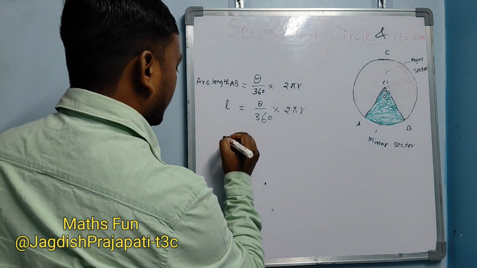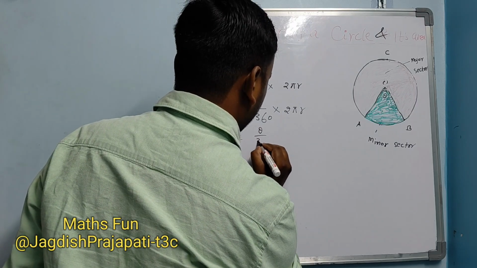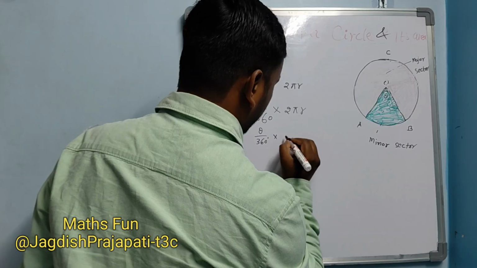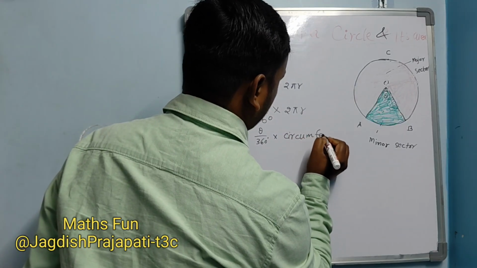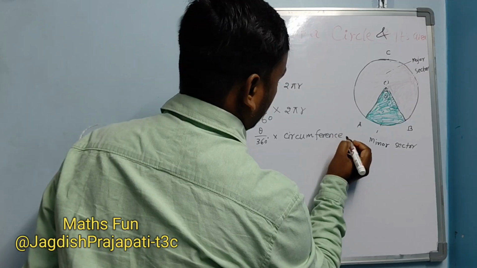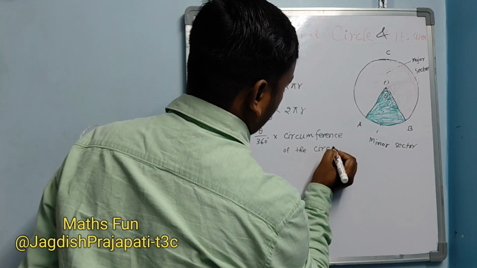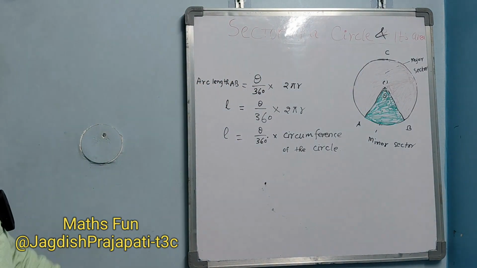Okay. So for easy remembrance, you can write it like this: theta by 360 into circumference of the circle.